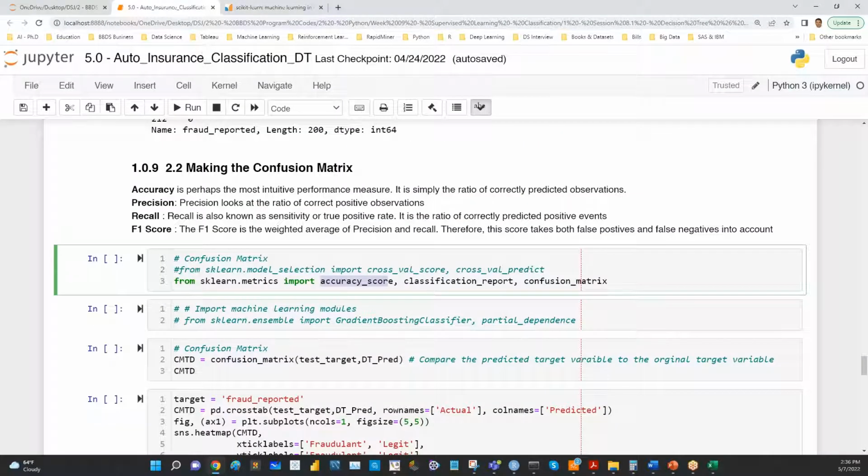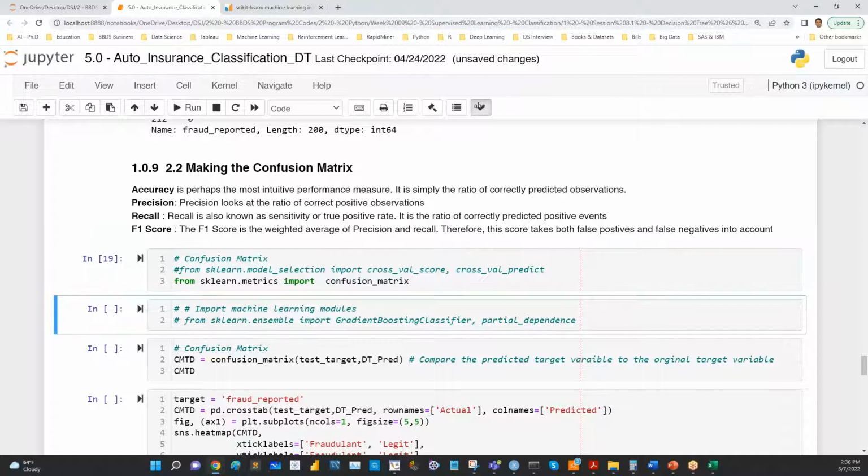We are going to import accuracy score, classification report, but there are many measurements we can use, and these measurements are covered in the 30-week program. But for this short training program, we are going to concentrate on confusion matrix. So we don't really care about this. All we need is confusion matrix.